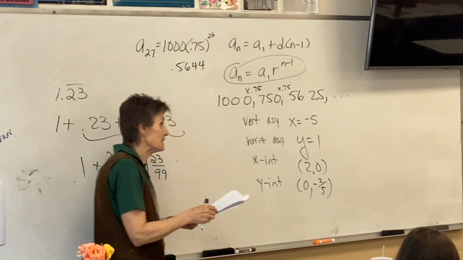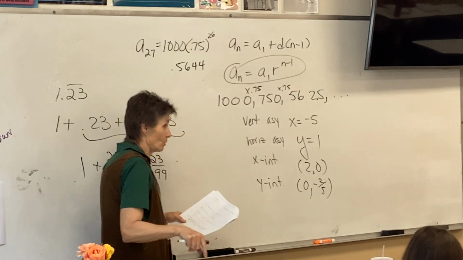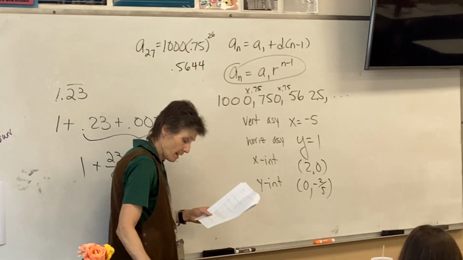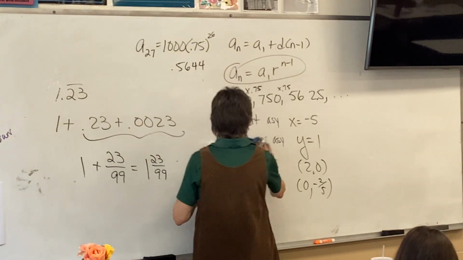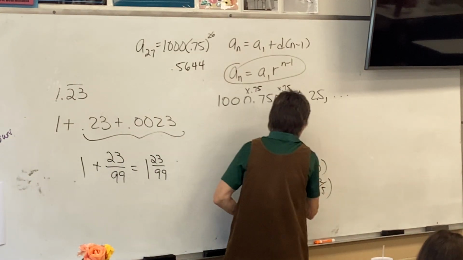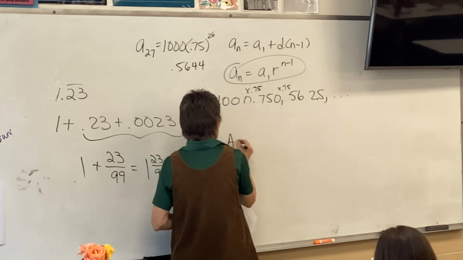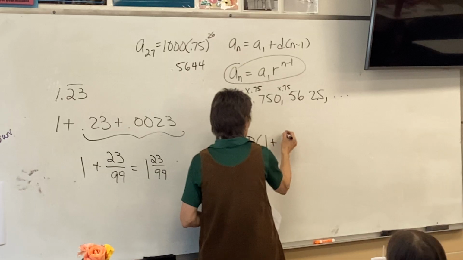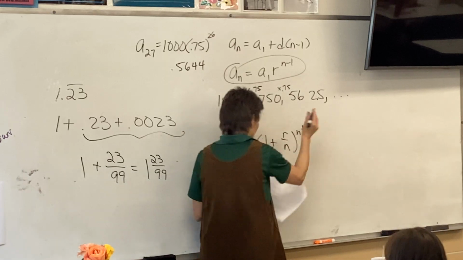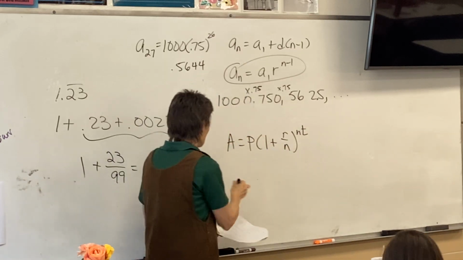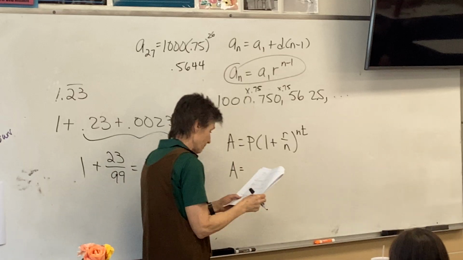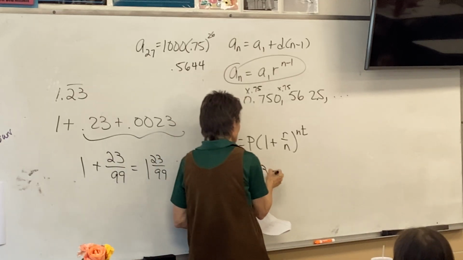This one you need a formula for, but it's on your sheet. You don't have to memorize it. So how much money will I have in my account if I start with this much?